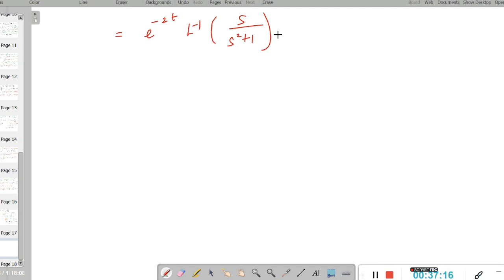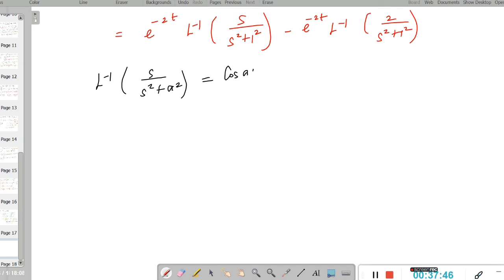You can apply it in the second term also, minus e power minus 2t L inverse of 2 by s square plus 1. From the formula point of view you can take 1 as a square. By using this formula, you already know L inverse of s by s square plus a square equal to cos at, L inverse of a by s square plus a square equal to sin at.